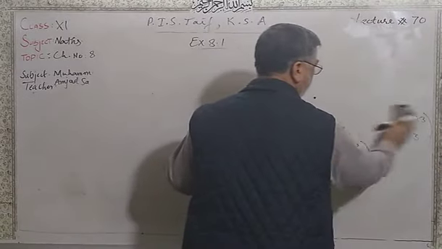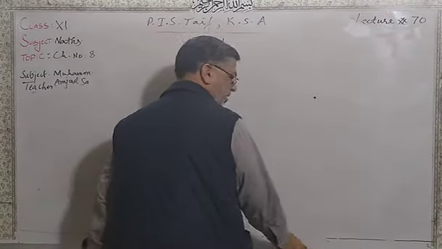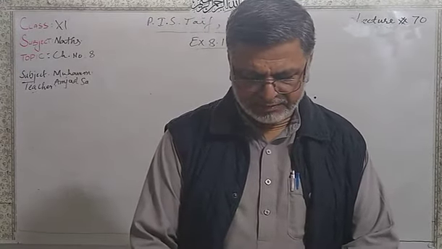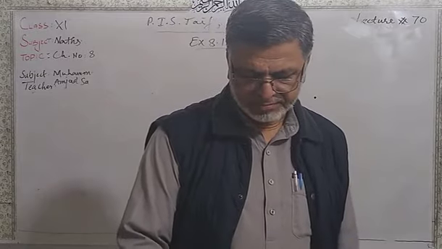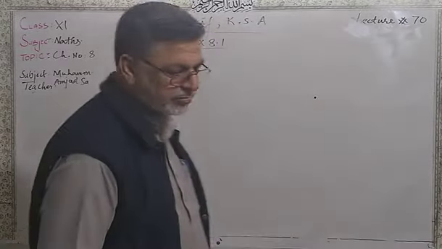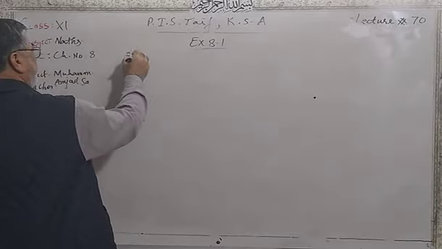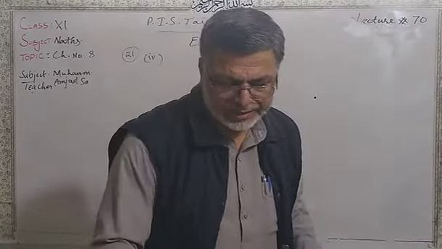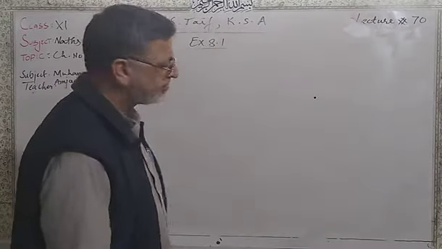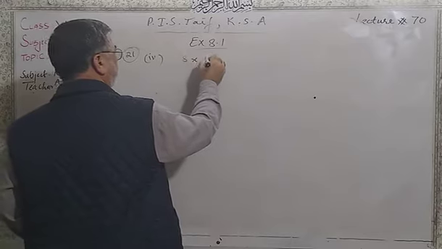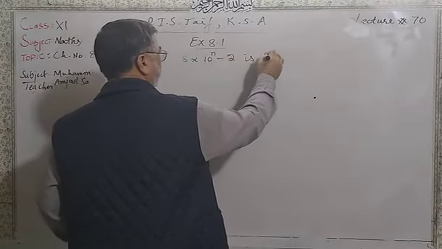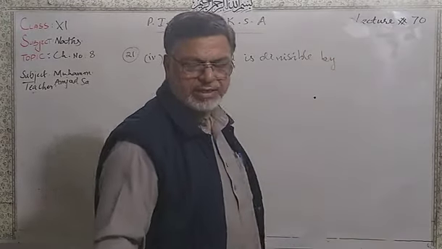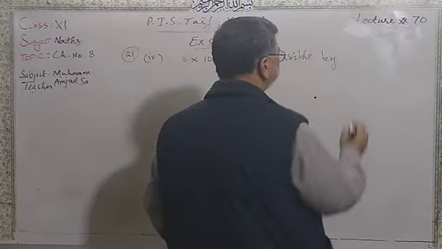There are 2 parts and I am taking part number 4. Prove by mathematical induction for all positive integral values of n. Question number 21, part number 4. Here we have 8 into 10^n - 2 is divisible by 6.